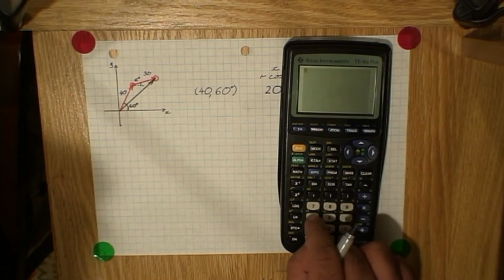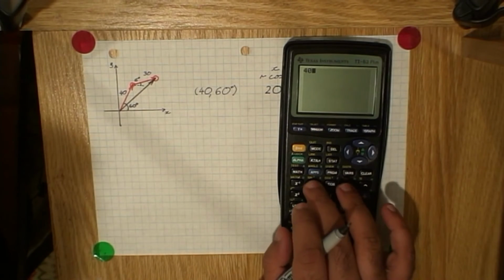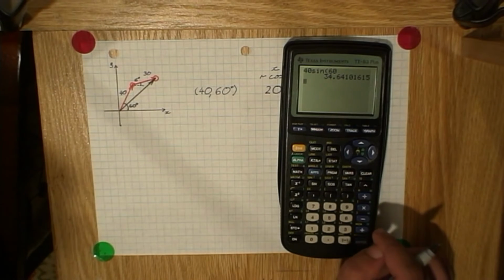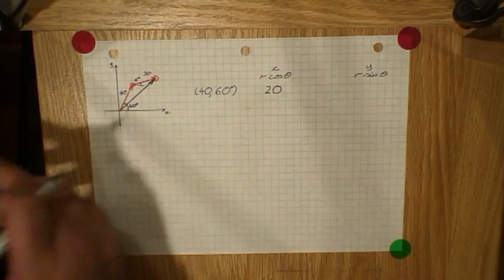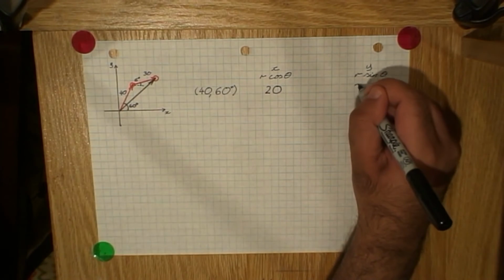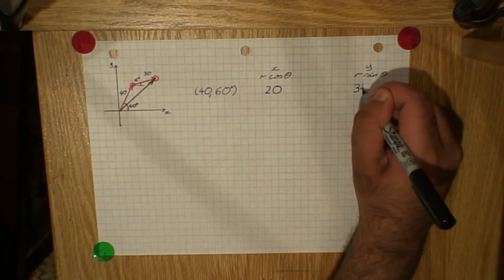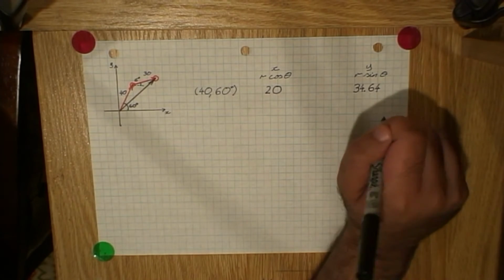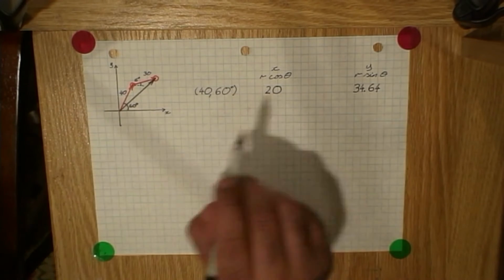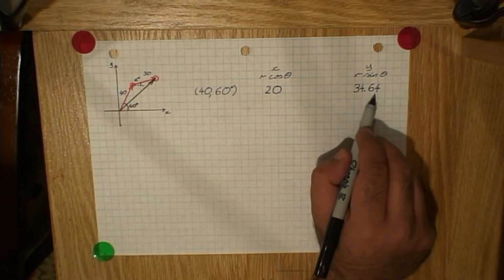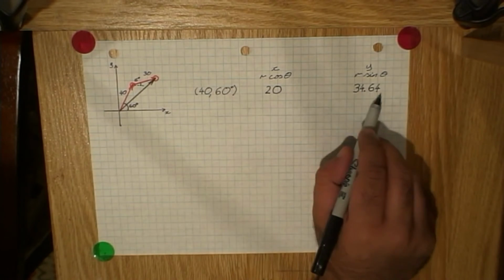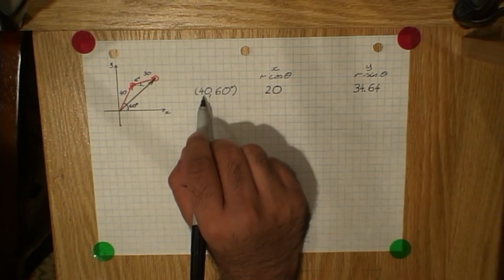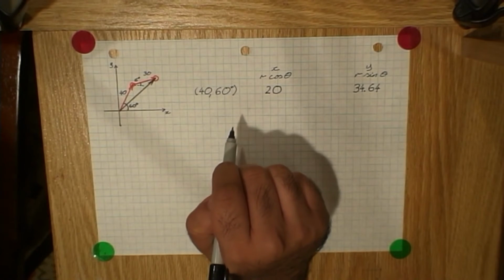Well, y is figured out as the size of the first vector times the sine of the angle, which is 34.64. So 20 i hat plus 34.64 j hat would be the Cartesian notation for this first vector, 40, 60 degrees.